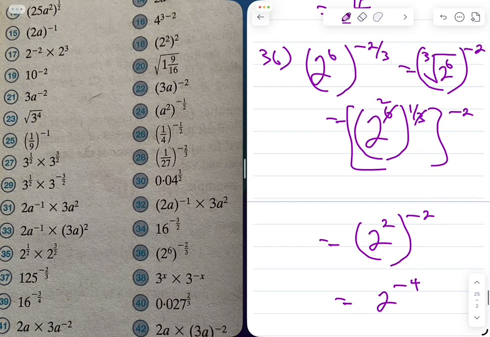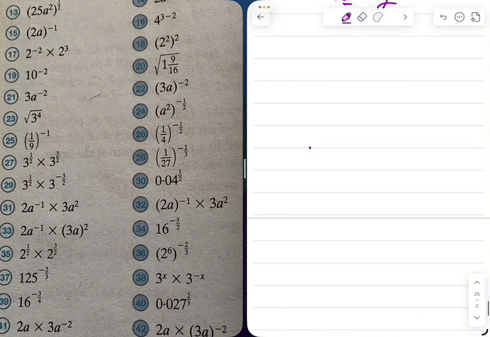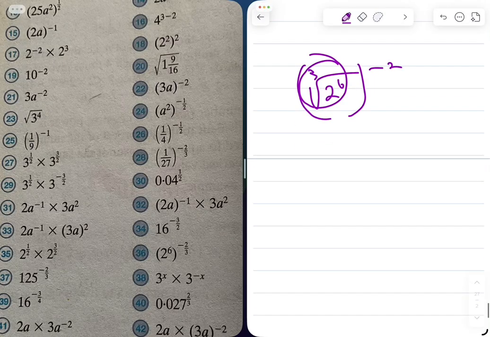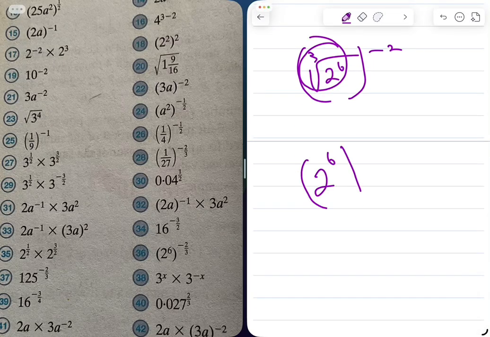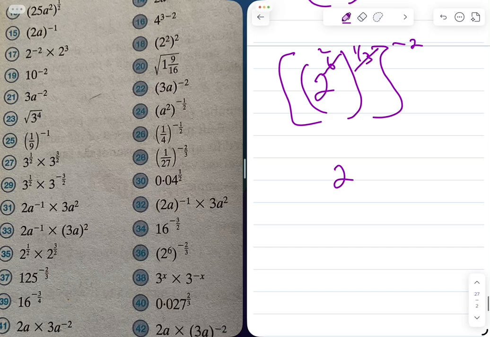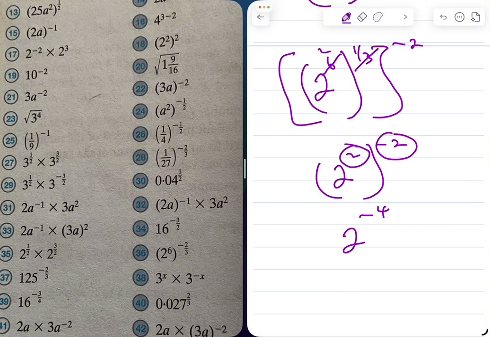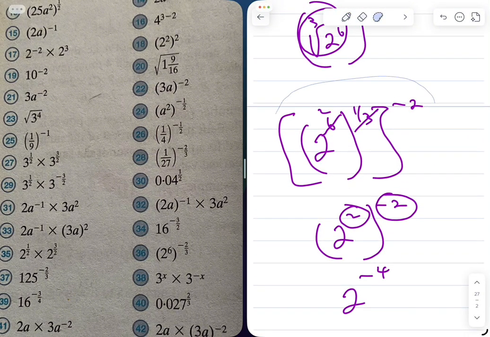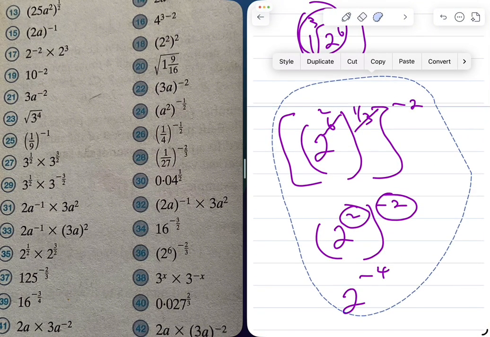Now what did I do here? I did cube root of 2 raised to power 6 raised to power minus 2. I know that the cube root of 2 raised to power 6 is the same as 2 raised to power 6 raised to power 1 over 3, and there's already another power minus 2 outside. So this will become 2 raised to power 2, and the whole of that will be raised to power minus 2, which is now 2 raised to power 2 times minus 2, which is minus 4.